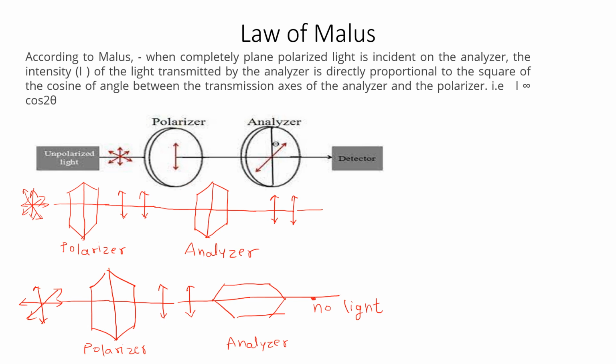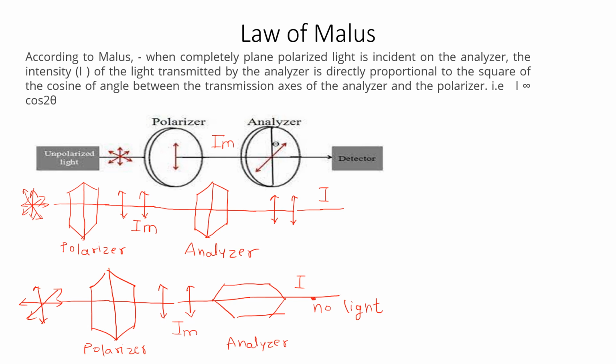So let us try to understand this. Let Im be the intensity of light which is incident on the analyzer. So this intensity is Im. And I is the intensity of light which is emitted by the analyzer.